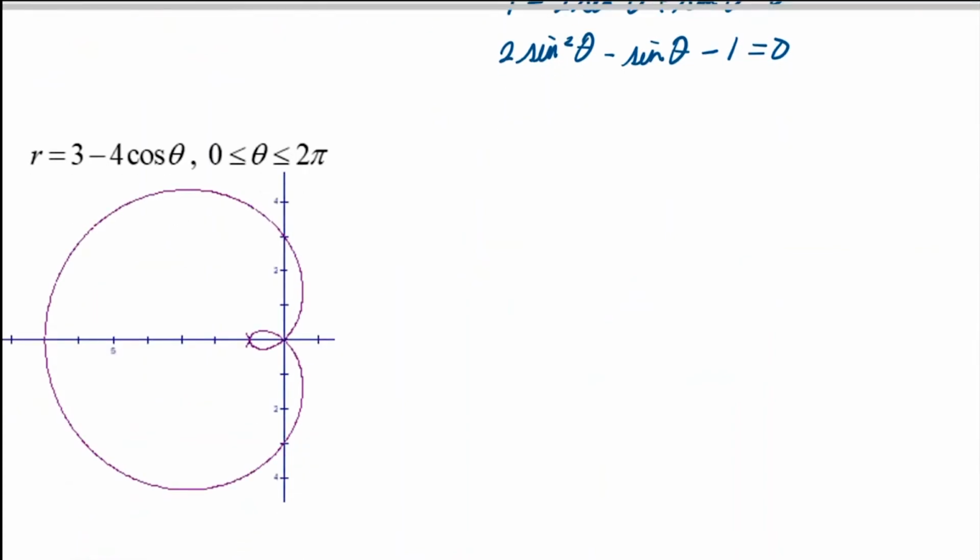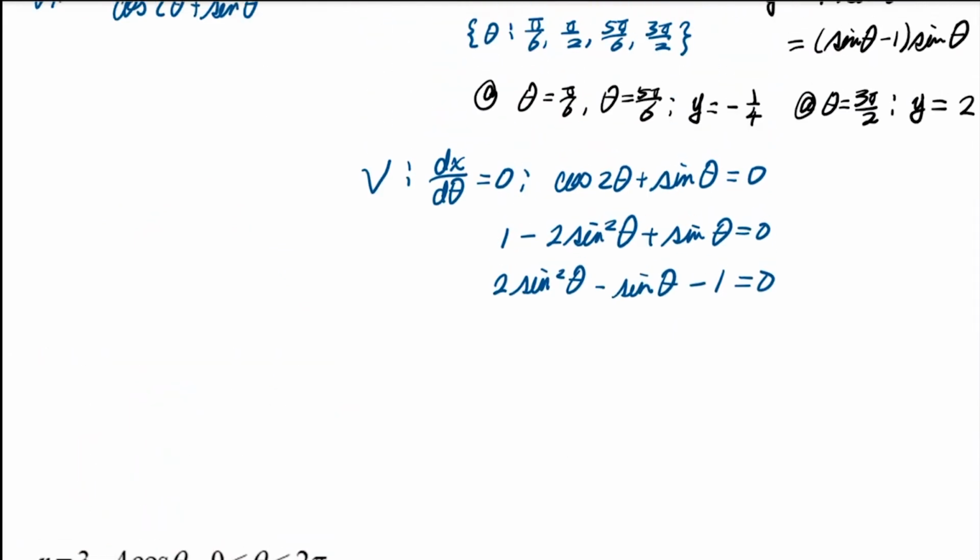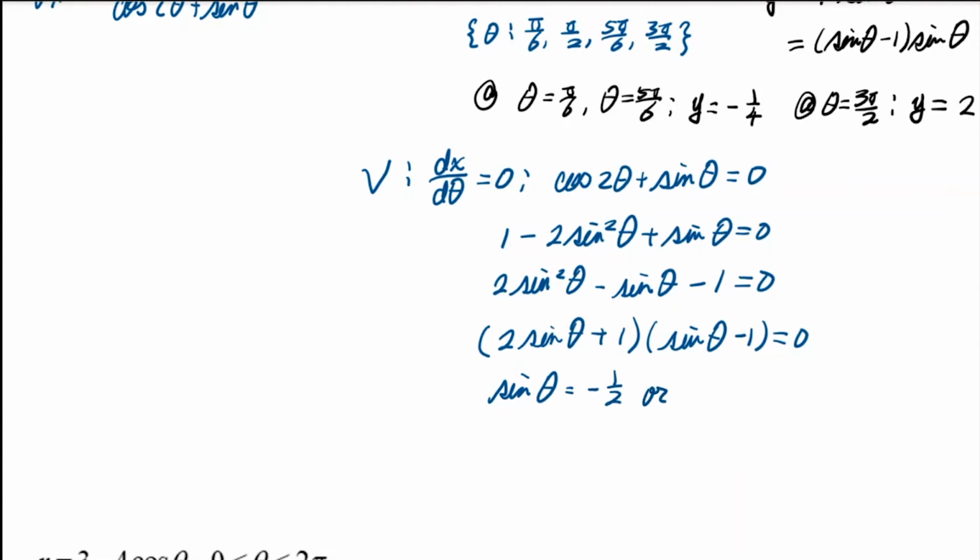Now factor. So I will have 2 sine theta plus 1 and sine theta minus 1 is equal to 0. With me? Okay, so sine theta is equal to negative 1/2 or sine theta is equal to 1. Good.